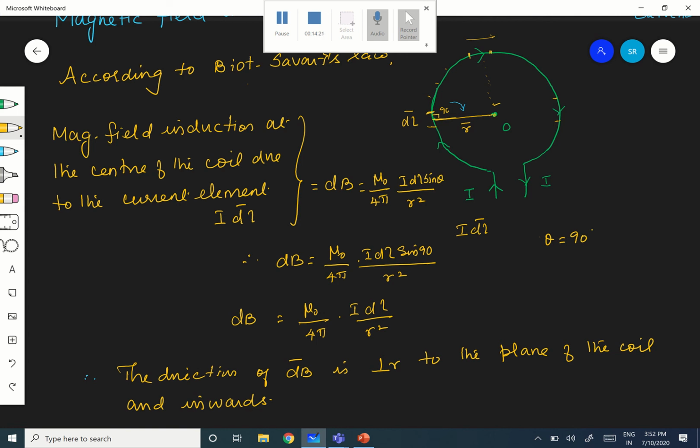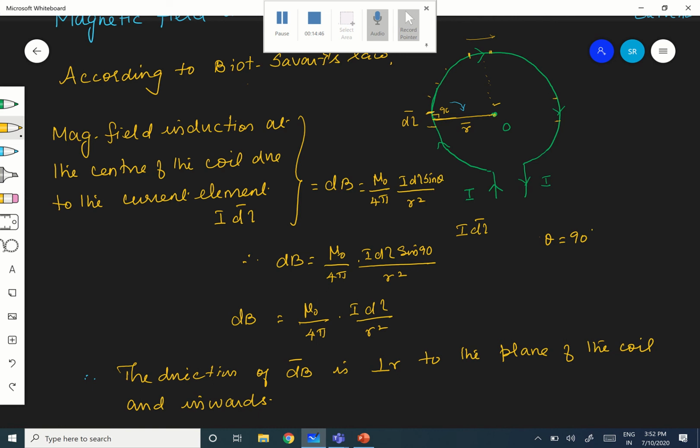Are you following, children? There are two rules here: one is dl cross r, to find the direction, and another one is Maxwell's rule. Whatever right hand rule you want, you apply. I think I gave you this in the last class.